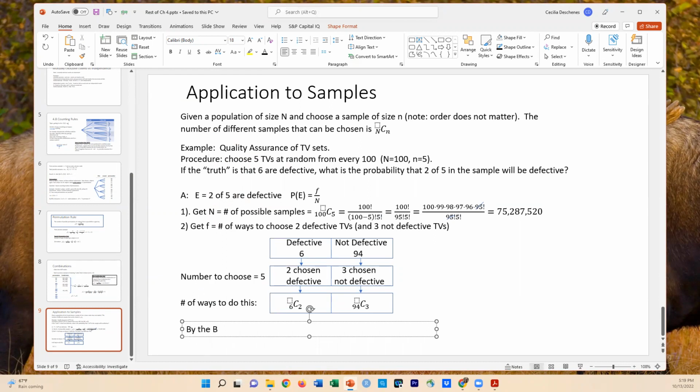So by the basic counting rules, the number of ways for this to happen is going to equal the product of each of these, right? So we have the 2 things that need to happen, and we need to know the number of ways each one happens.